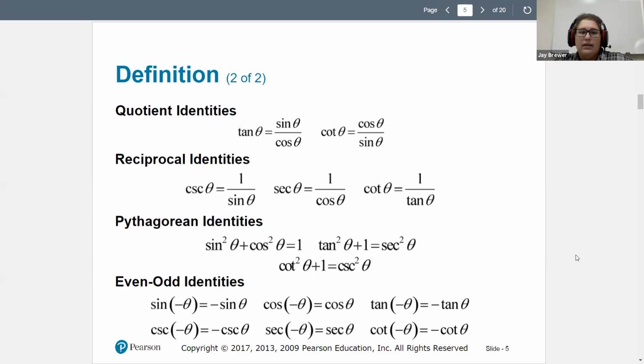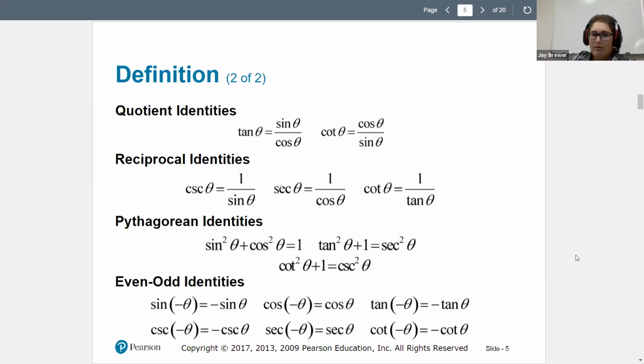Quotient identities. Tangent theta equals sine theta over cosine theta. Cotangent equals cosine over sine. That might seem redundant because we've been talking about it practically since day one, but they do actually have names. So those two are your quotient identities. You also have three reciprocal identities: cosecant, secant, and cotangent.